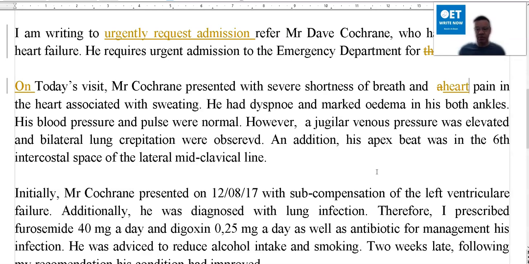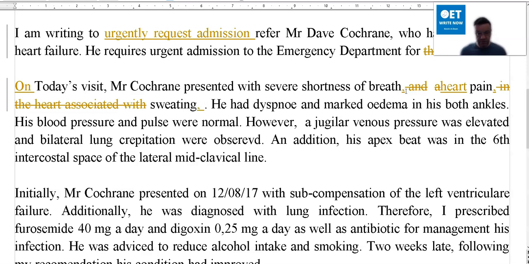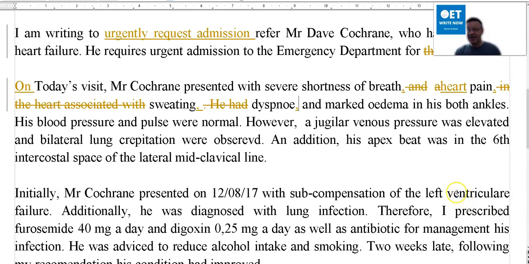However, blood pressure and pulse were normal, but jugular vein... So you could do it in that way, put all the symptoms, if they're all at the same time, associated, like in a list. So you could do that: shortness of breath, heart pain, sweating, dyspnea, and the final one, marked edema in his ankles or both ankles.